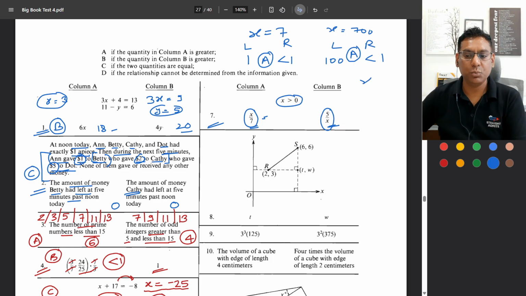Now let me take a small number. Let me take x is equal to 1. We don't have to worry about the negative numbers because x is greater than 0, but always check for negative numbers. So here it is going to be 1 by 7, and here it's going to be 5 by 1. 1 by 7 is obviously less than 1, and 5 by 1 is 5.